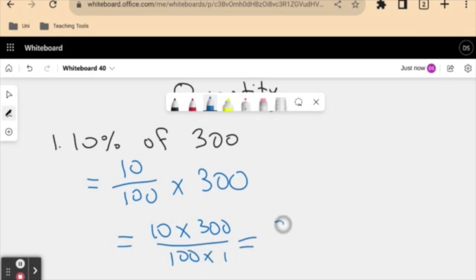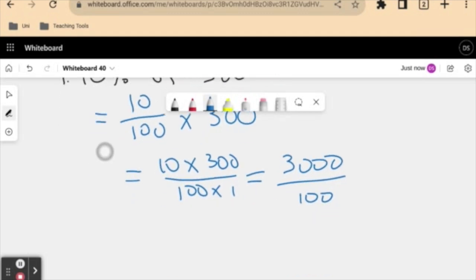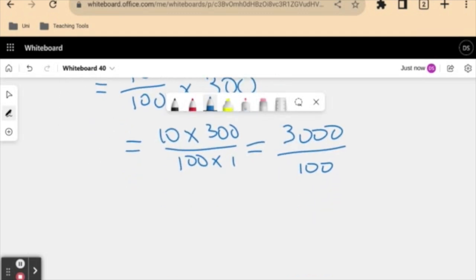And I'll be left with 3,000 on the top and 100. And 3,000 divided by 100 will give us 30, because our zeros here will cancel out. So that's like saying this is an equivalent fraction of 30 over 1. And 30 divided by 1 just gives us 30.